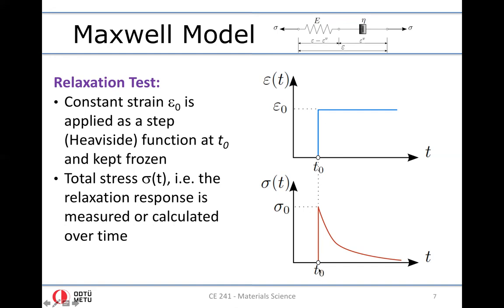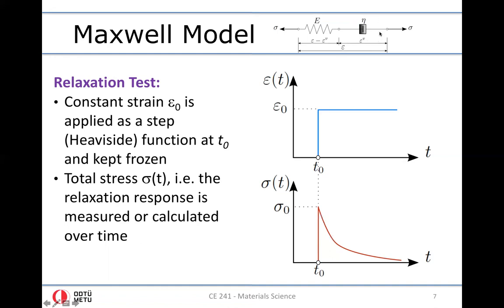Therefore, since all the strain is compensated by the spring, the initial stress will be the strain of the relaxation test times the Young's modulus of the spring. As time passes, when the total strain is constant, this point will move towards left, where the spring will be unloaded, it will retract, and the dashpot will open, at a decreasing rate, because stress is decreasing.